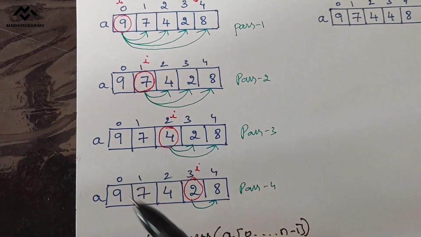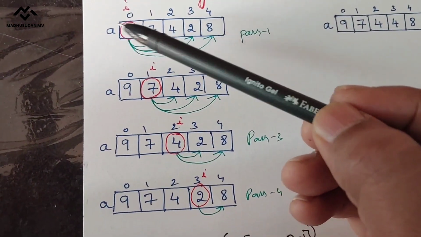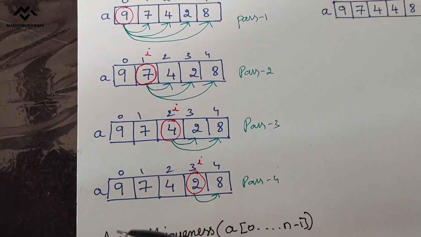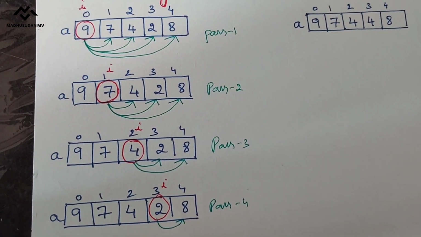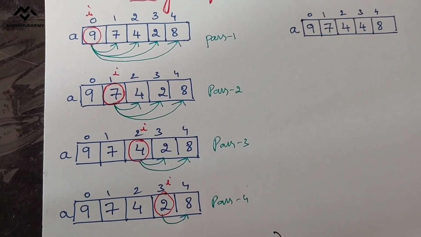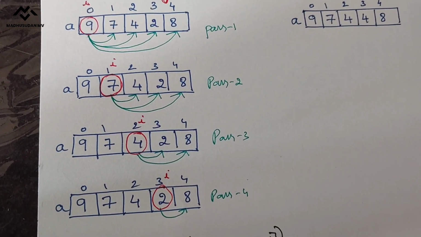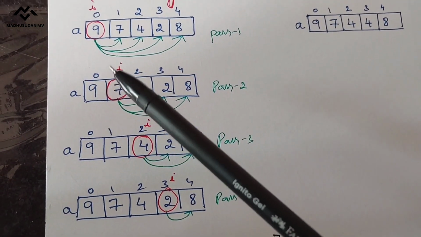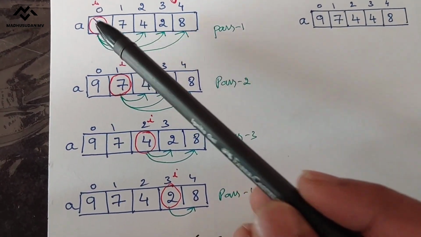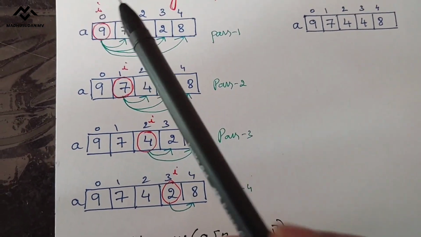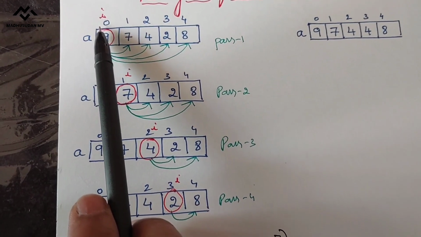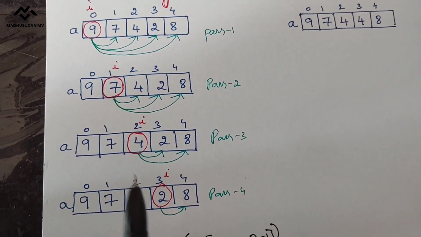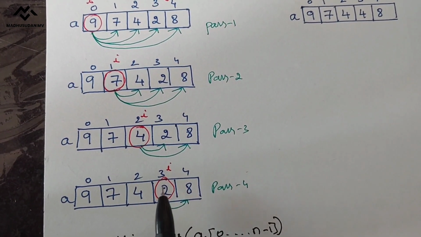So the process of selecting one item in each pass, have I repeated or not? Yes, we have repeated. Whenever we have some repetition, we have to use loops. Here we know exactly where we started selecting and where we ended. We started from position 0 and ended at the last but one position.